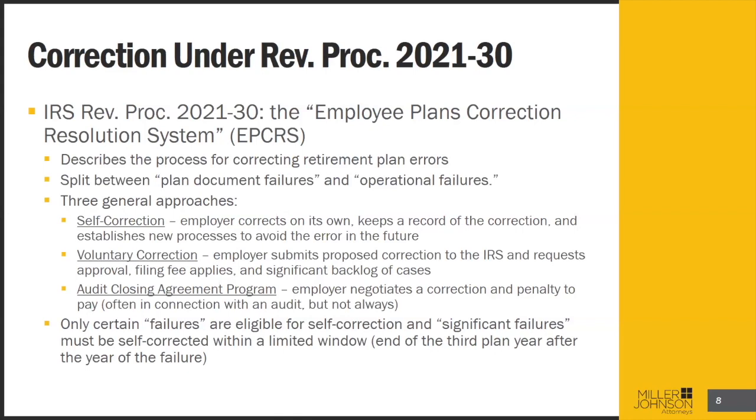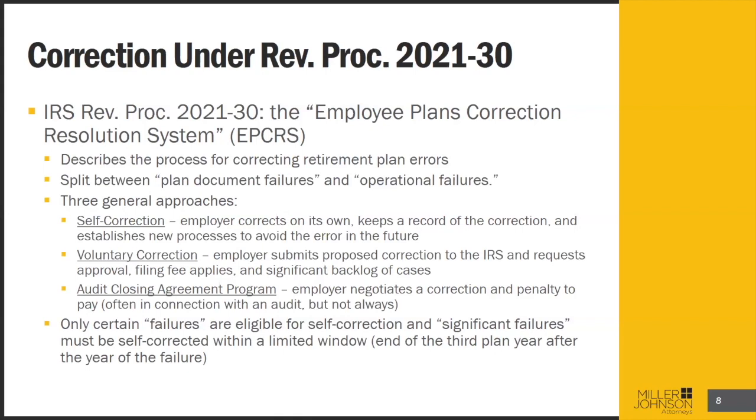This program creates a distinction between plan document failures, that might be the failure to even have a plan document or the failure to timely amend a plan document, and operational failures. We see those more often.